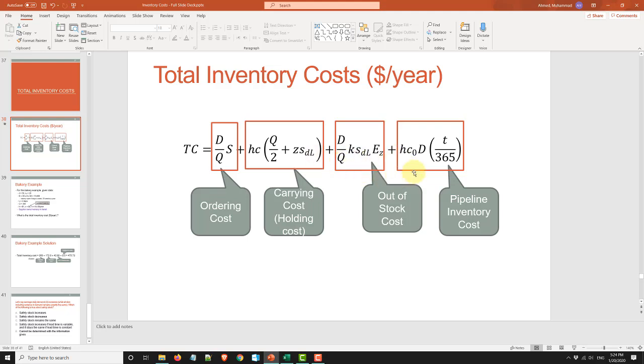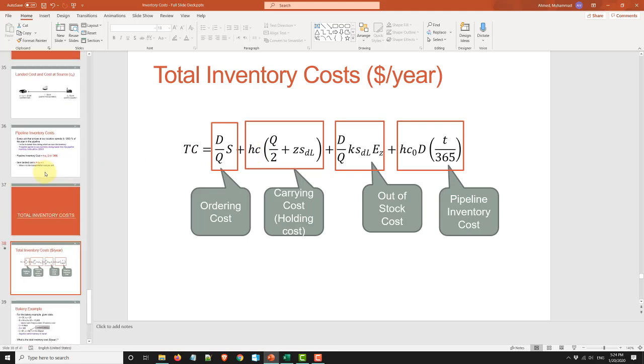Okay. Now the last part of the formula is called the pipeline inventory cost. So this has the same H, the percentage carrying cost. Now this interestingly has C naught and not C. Okay, C is the landed cost.